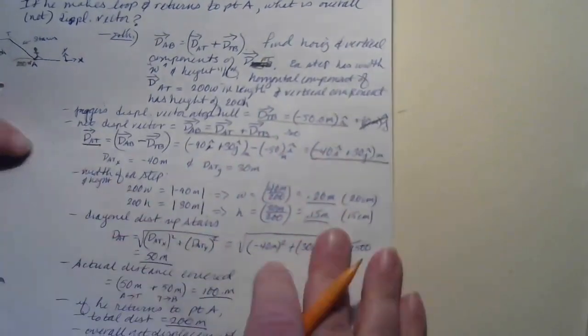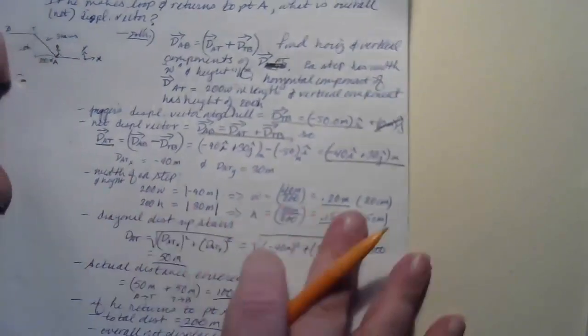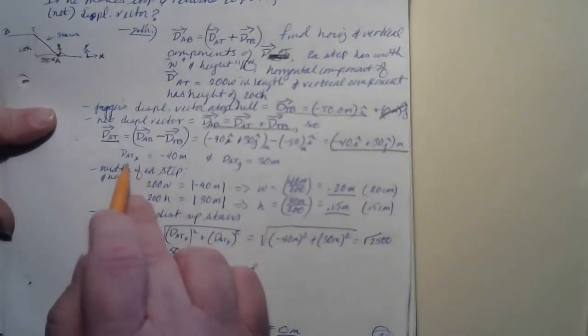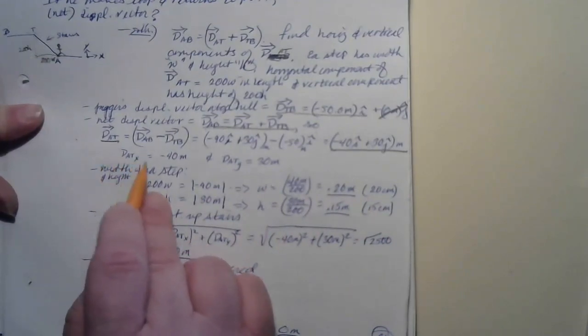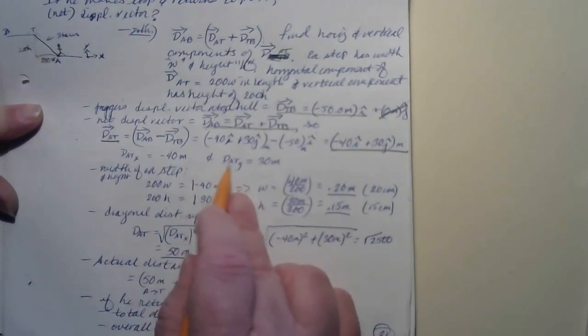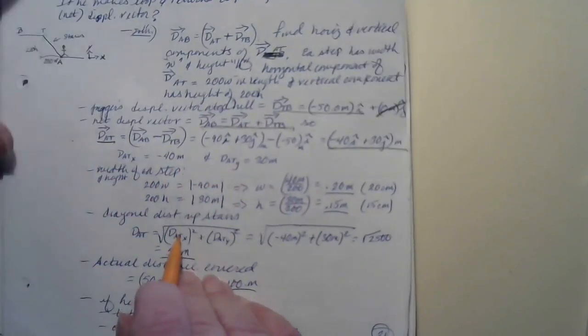So that is the vector from A to T. The x component of that vector from A to T would be negative 40 meters, and the y component would be 30 meters.